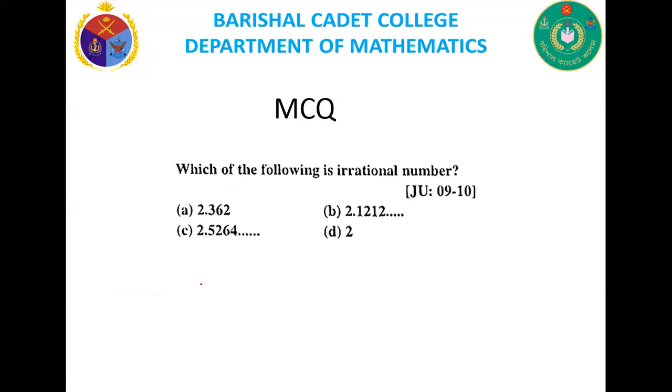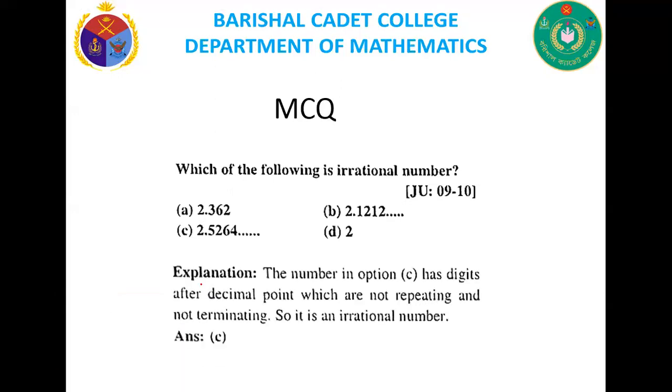So we see the explanation again. The number in option C has digits after the decimal point which are not repeating and not terminating, so it is an irrational number. You have understood? So the result will be number C.